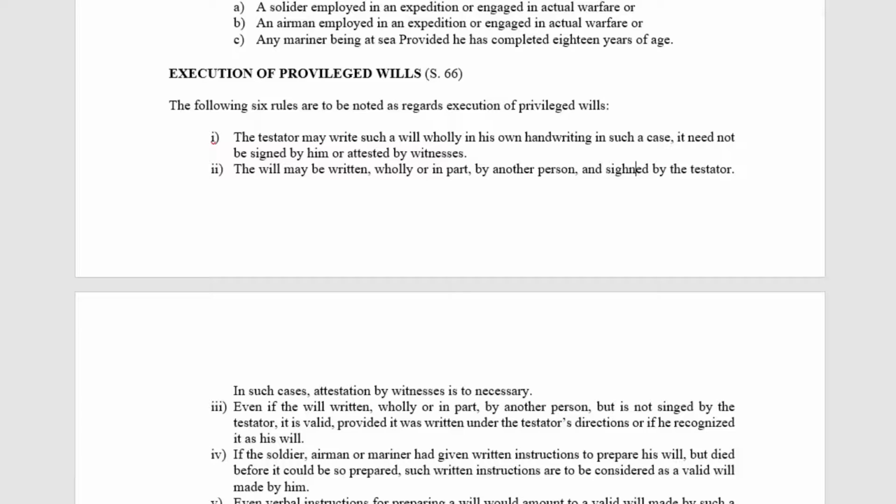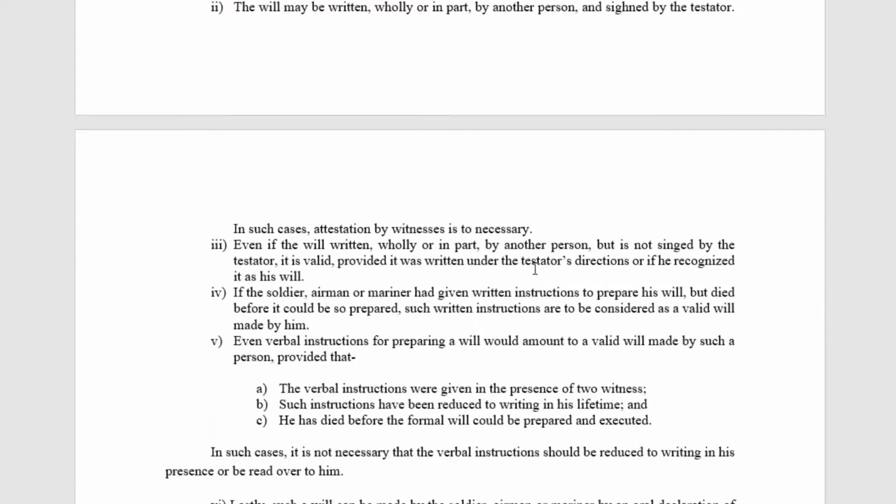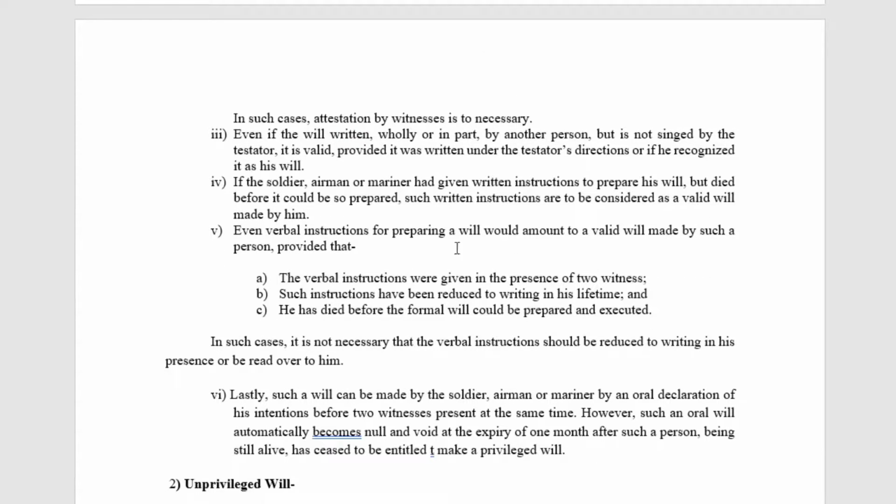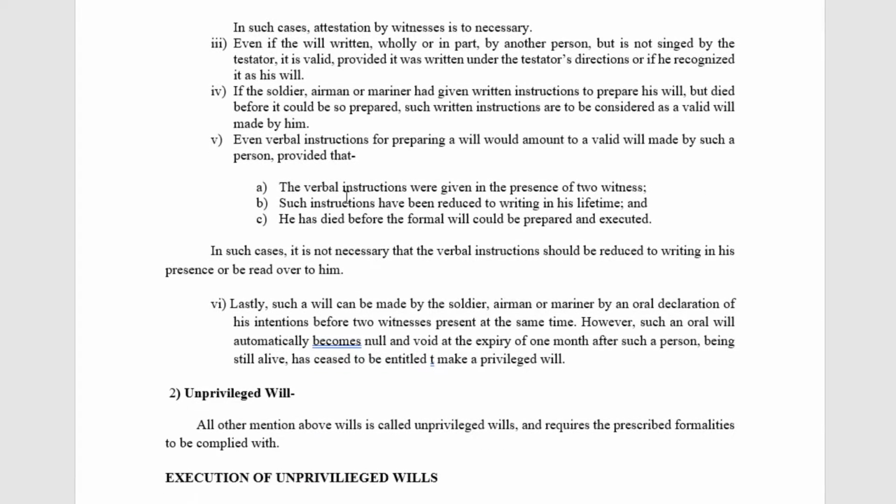So here what we can see is that even verbal instructions for preparing a will could amount to a valid will made by such a person, provided there are three conditions in order to become a valid will on the basis of verbal instructions. The first basic thing is that the verbal instructions were given in the presence of two witnesses.